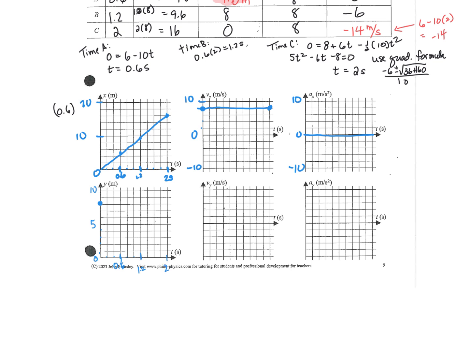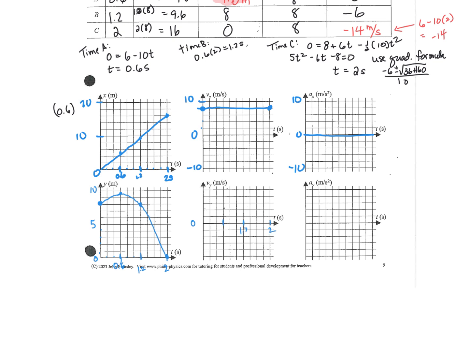So at 0.6 seconds, it was at 9.6. Then it was back to 8. And then it was down to, what? 0. And look, we can see that progression of it falling. Boom. We know it has a constant acceleration, going down by 10 every second, but we're not going by seconds, are we? So if we're at 0 here, 0.6, 1.2, and 2.